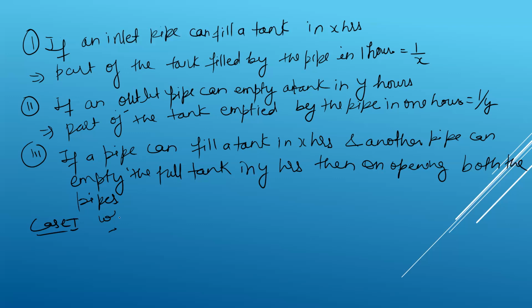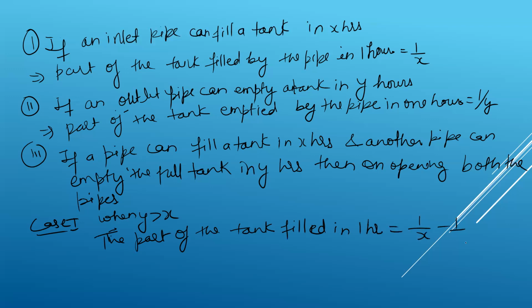Case one is when y is greater than x. Okay. Then what will happen? In that case, the part of the tank filled in 1 hour will be equal to 1 over x minus 1 over y. That means, if you solve 1 over x minus 1 over y, what will you get?